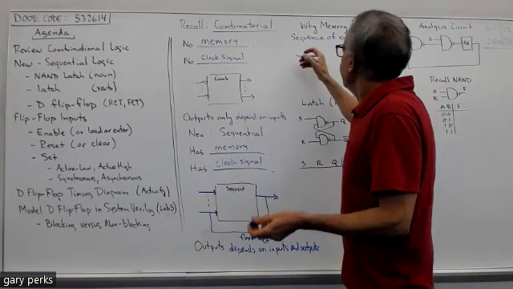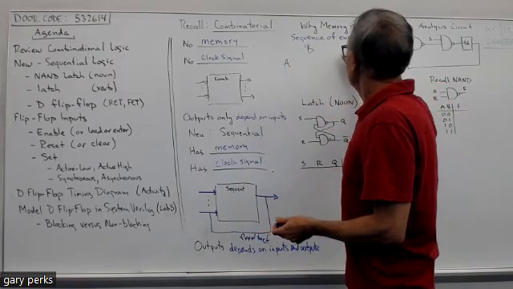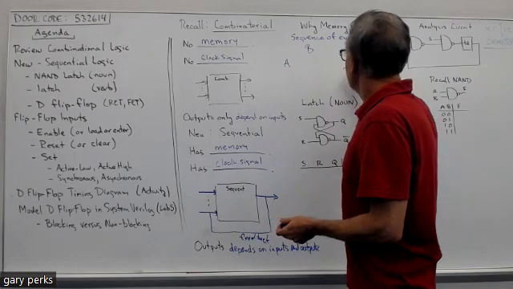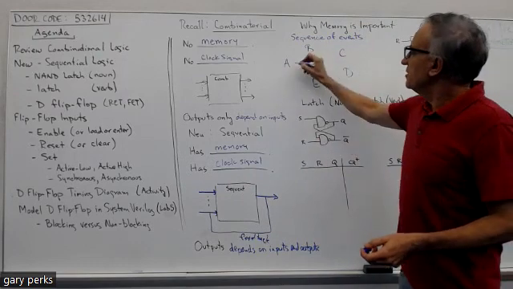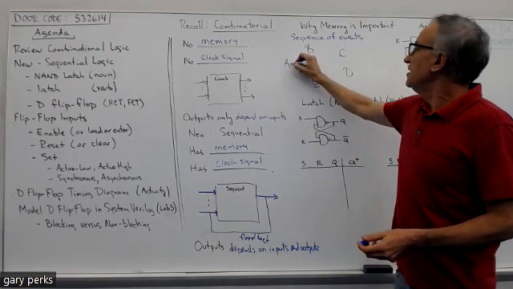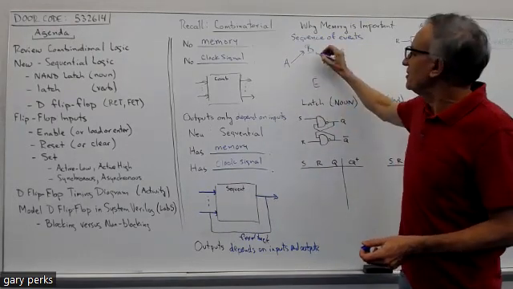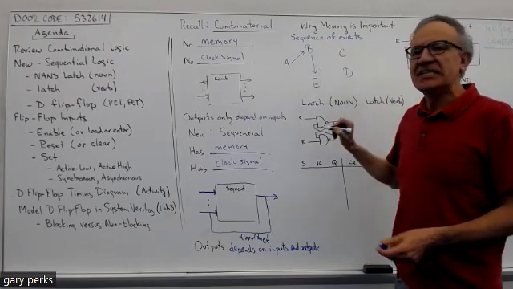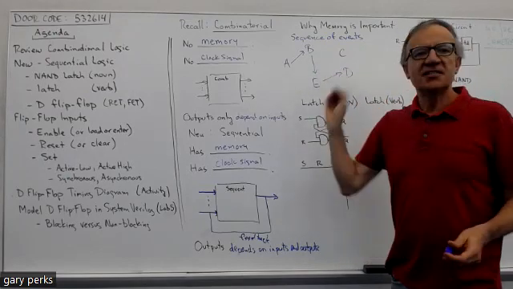Let's say you have event A, event B, event C, event D, event E, and there's a sequence of these events. Maybe if you're in event A, from A you go to B. And if you're in event B, from B you go to E. And then if you're in event E, you go to D, and so on.